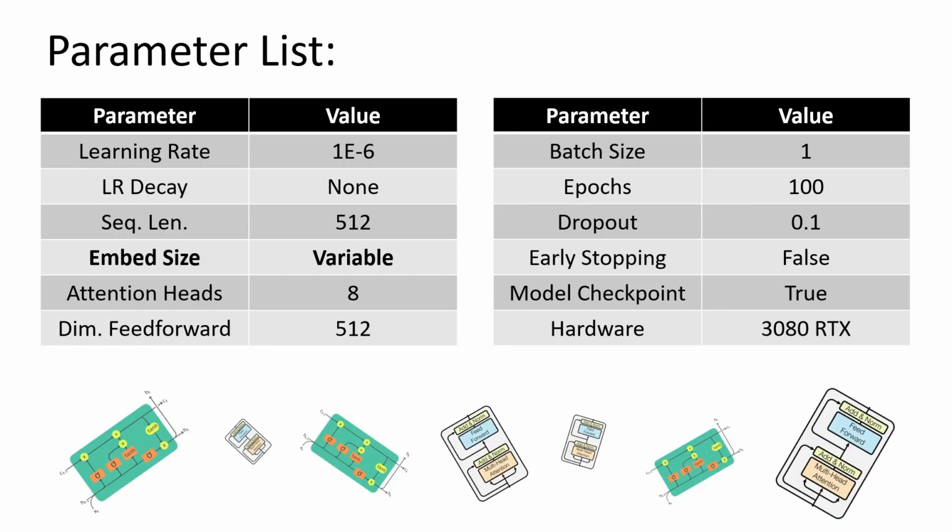I also wanted to keep as many of the hyperparameters the same as possible. This might bias the experiment a little bit if I did hyperparameter tuning for each specific model and tried to find the best parameters.